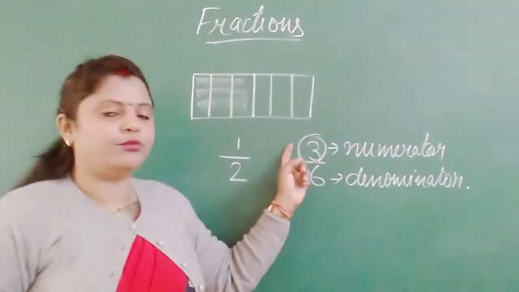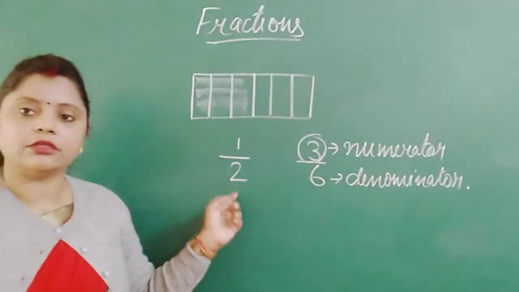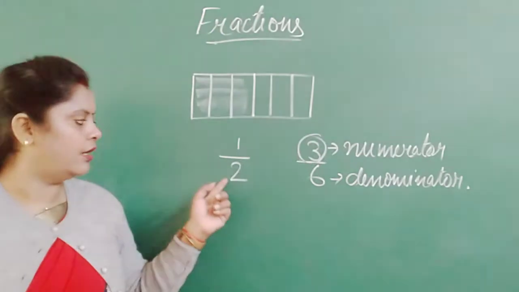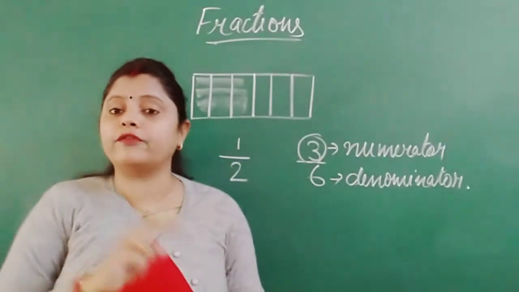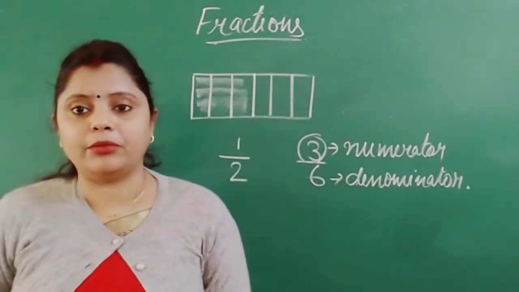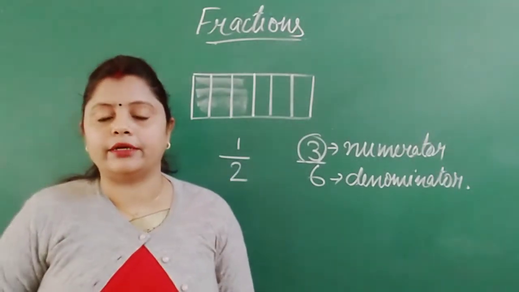So this one is the numerator and this is the denominator. Right now you can see in the first question, 1 is the numerator and 2 is the denominator. So a fraction is actually a combination of numerator and denominator. Okay, so this is one of the basic concepts we got here.